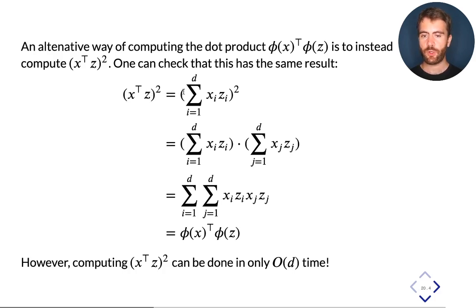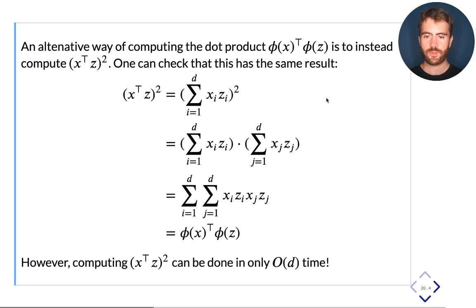Using the definition of the dot product, we get this expression, and here, because this is squared, I can just write out the square explicitly as a multiplication. And now I have a product of two summations. I have d terms on this side, d terms on this side, and if I explicitly write out this summation, I'm going to take every term on the left, multiply it with every term on the right, and then sum everything.